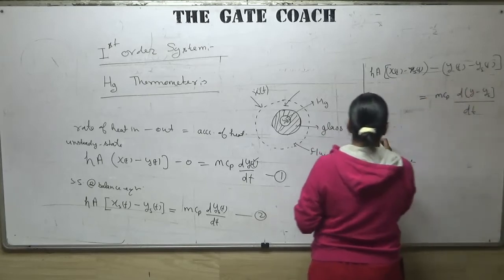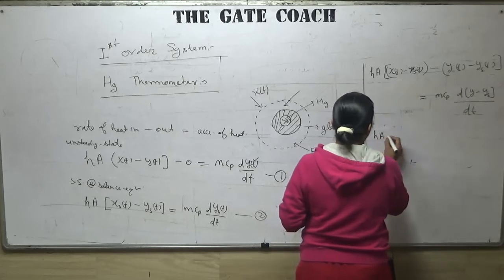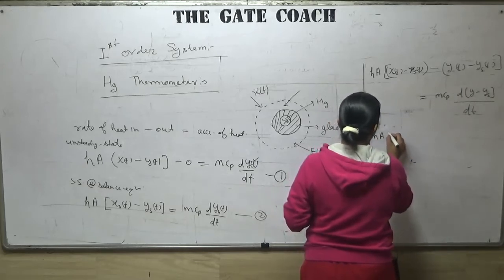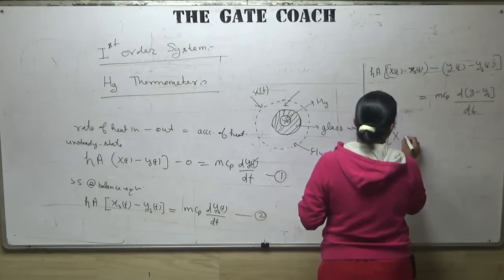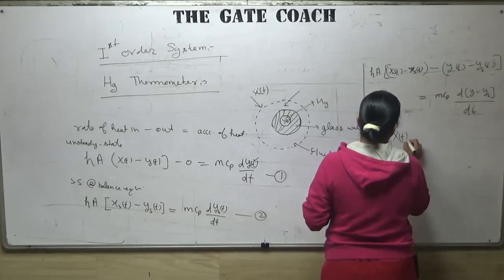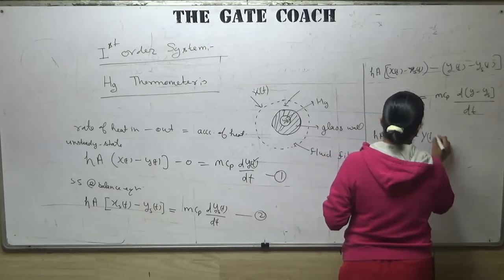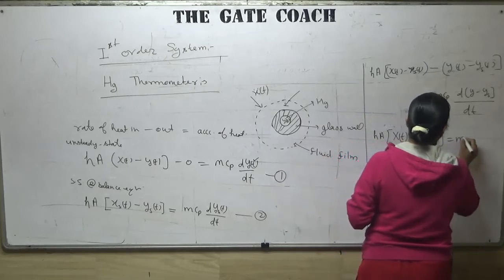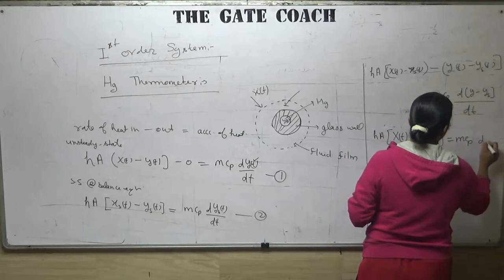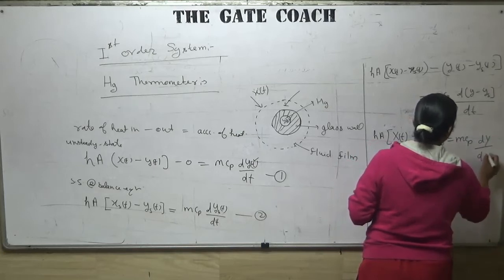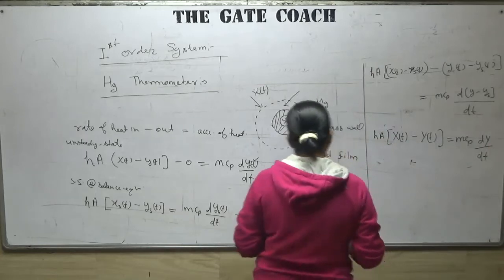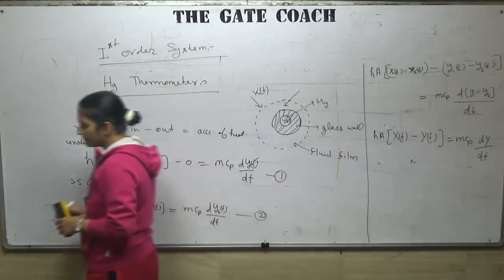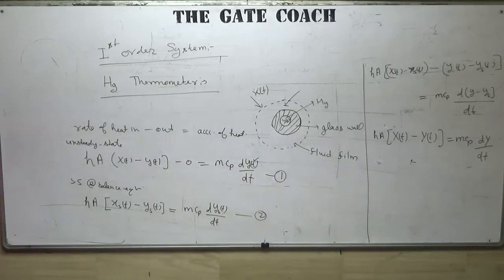All these are deviation variables. You can write it as hA(X minus Y) equals mCp dY/dt. Right? Write this down.